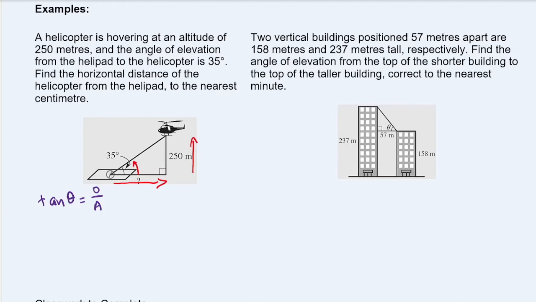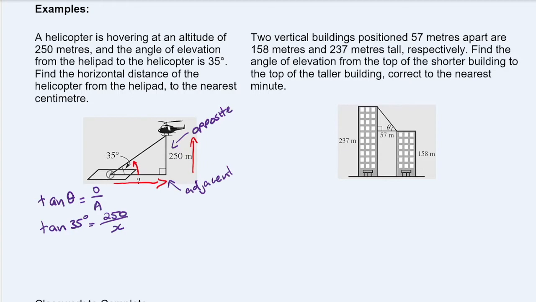And you can even mark that on the diagram: opposite, adjacent. Now we can fill in what we know. So 35 degrees, we know the opposite side is 250, and let's chuck in an x for our unknown.